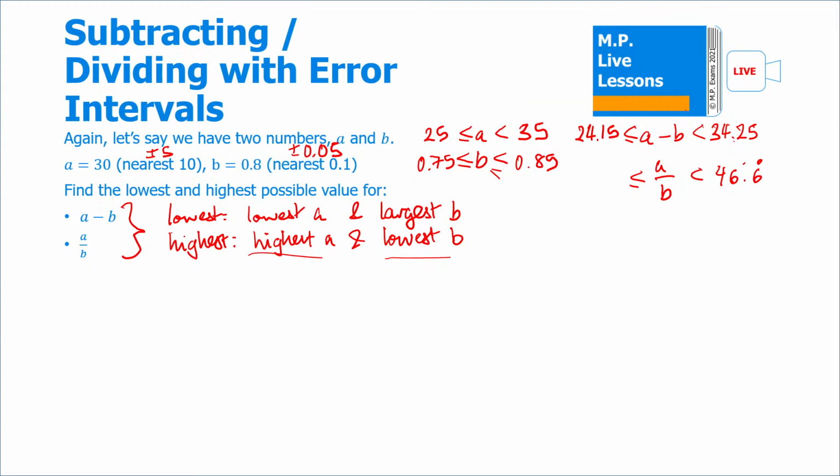Then if you do the opposite, the lowest value of A divided by B, you'll start with the smallest value for A divided by your largest value for B. Which gets 29.41, which even then is ironically rounded.